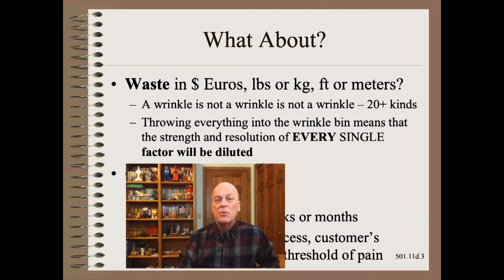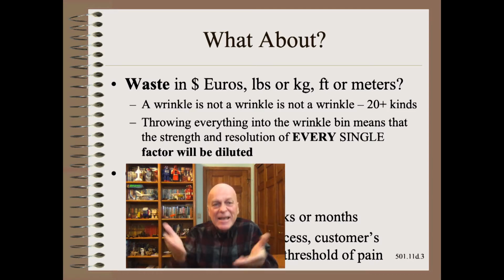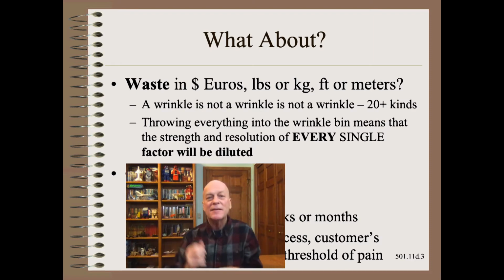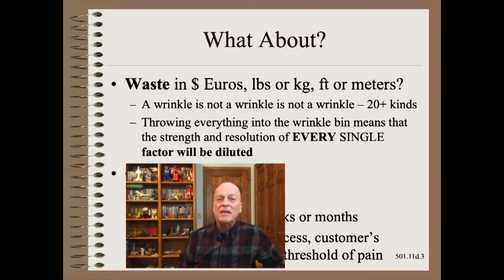There are perhaps 20 common but totally different types of wrinkling, as we just learned in Web50111d, each with a distinctly different remedy list. Throwing several different types of wrinkles from several different sources on the machine means that the strength and resolution of every single factor we study will be diluted.